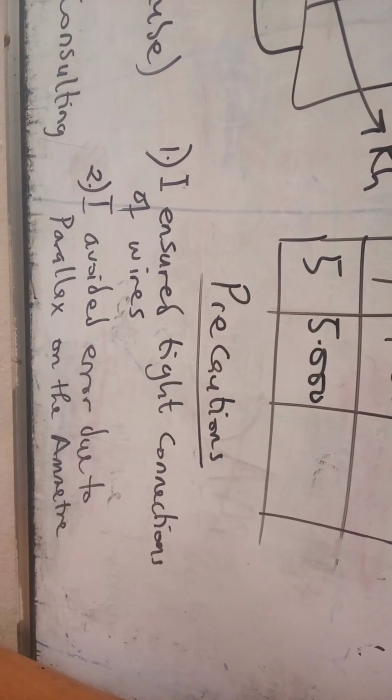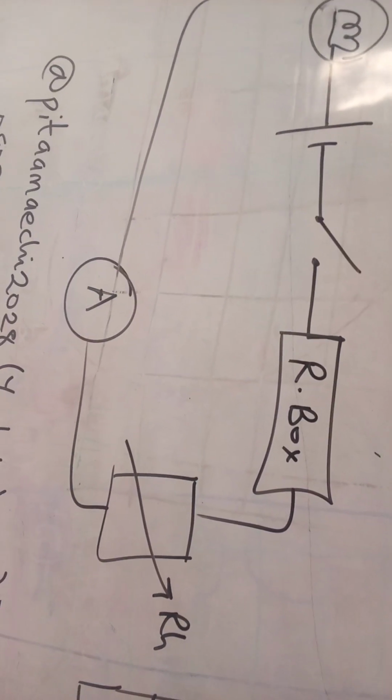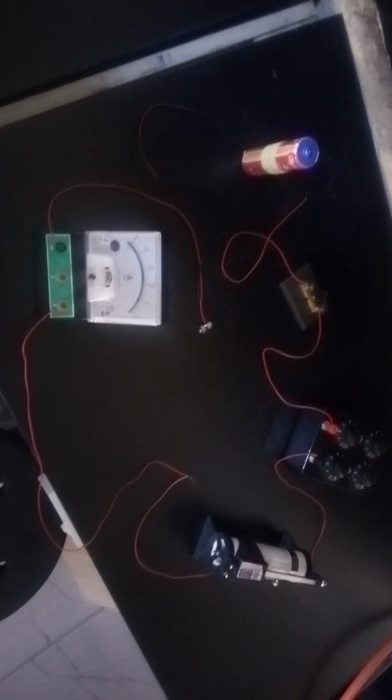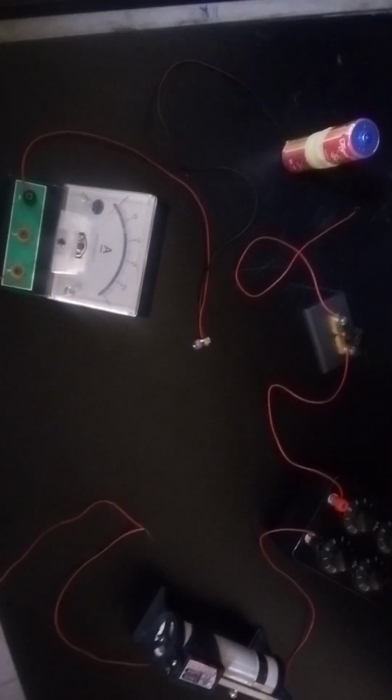Now let's see the circuit connection with real apparatus. This is the connection of the circuit diagram. You have the ammeter. From the ammeter, connection is made to the rheostat.